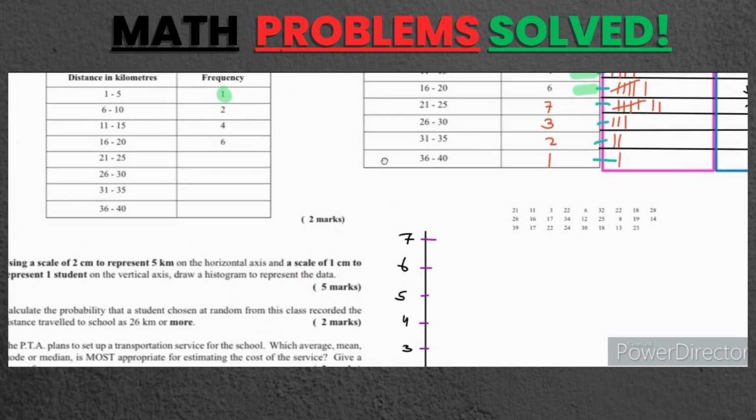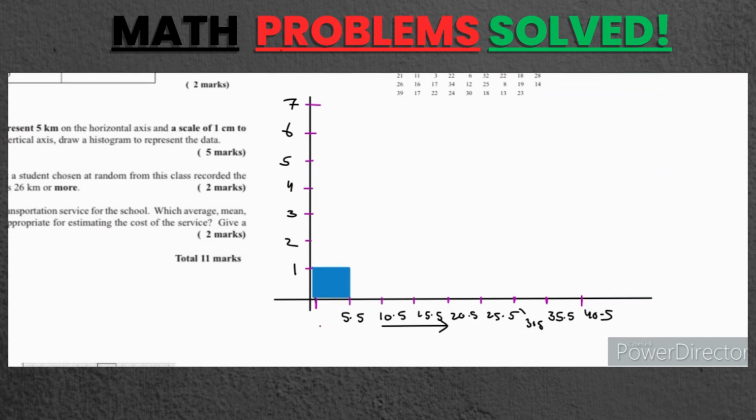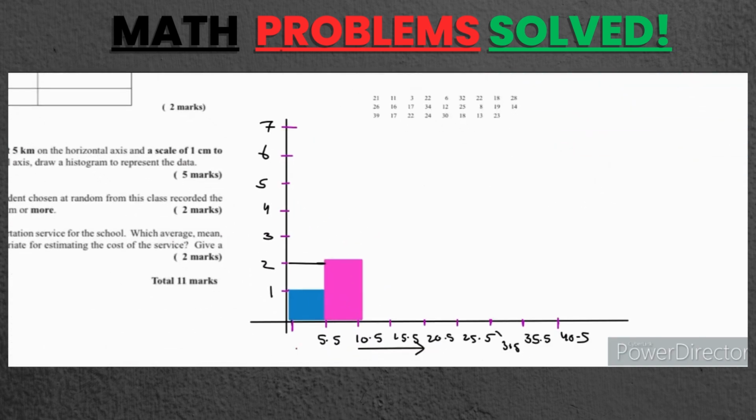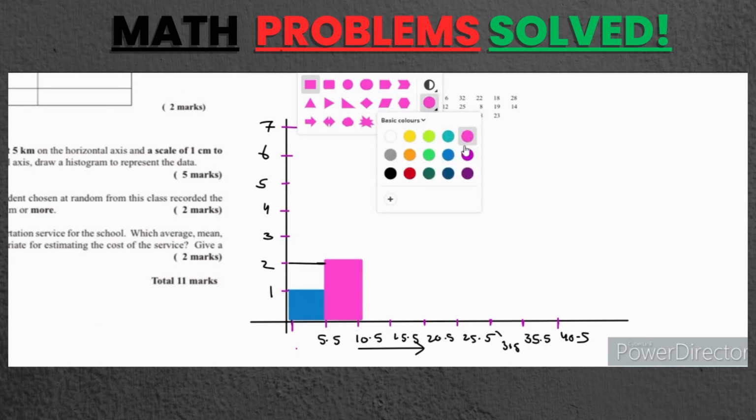The frequency is 2, right? So you will draw the histogram for the second group like this. Because the frequency is 2, you have to draw the line till here, right? Then for the third group the frequency is 4. So for the third group you will draw it like this, 4.